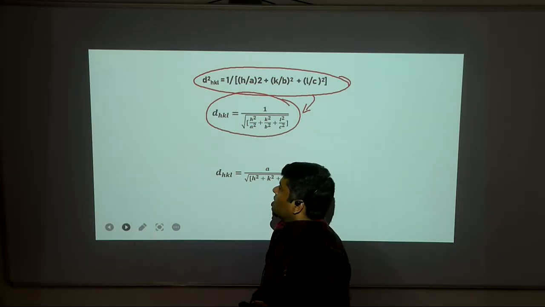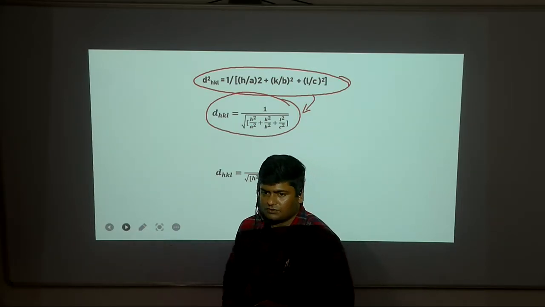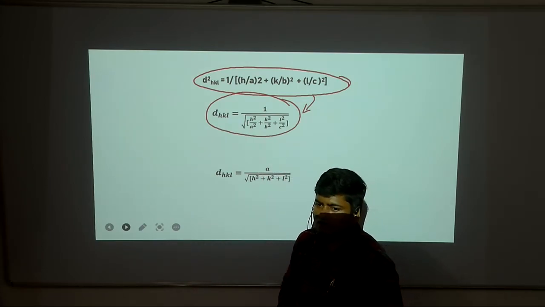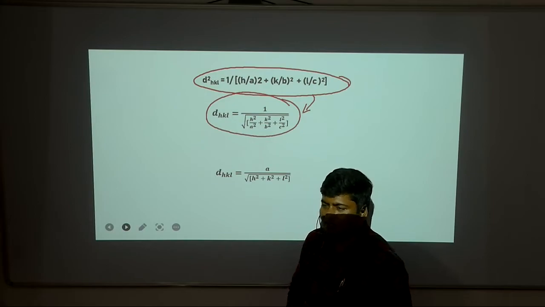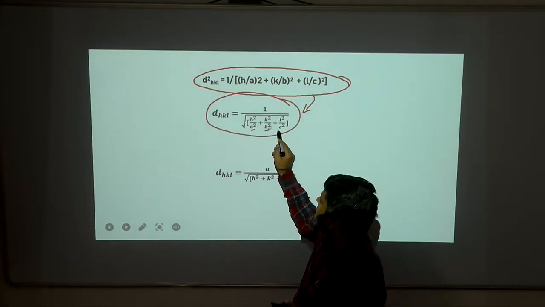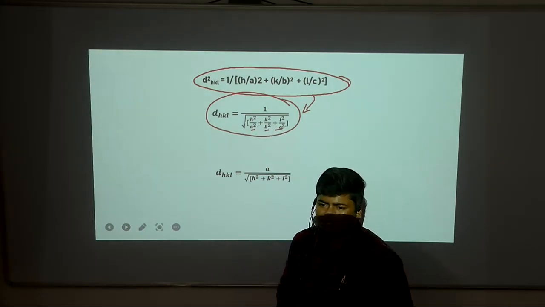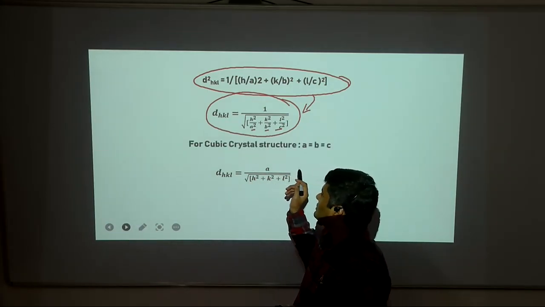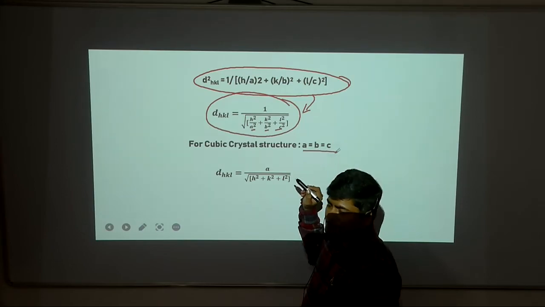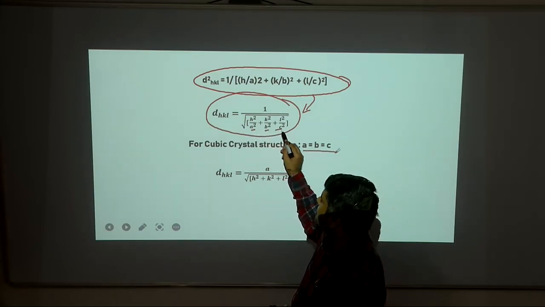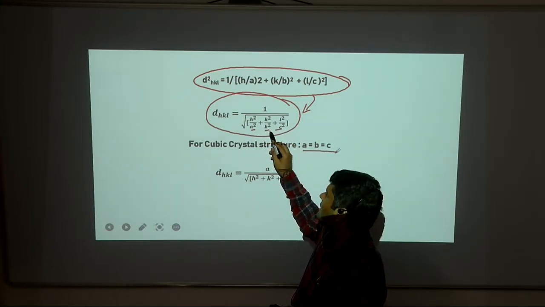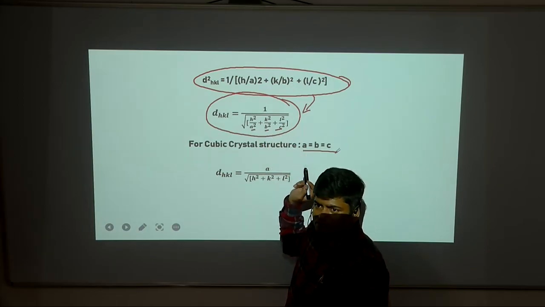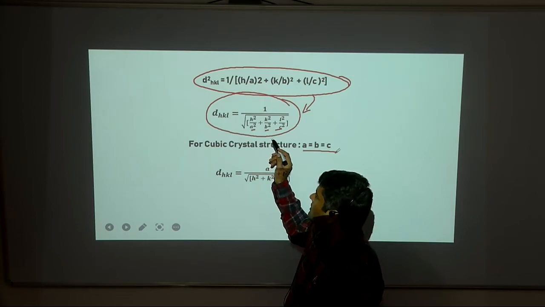And we know, if a crystal system is given, we have to use the relation between the lattice parameters a, b, c, simplify the equation, and then mention it. For the cubic crystal structure system, we know a equal to b equal to c. So we can simply replace everything by a, and the denominators become equal.